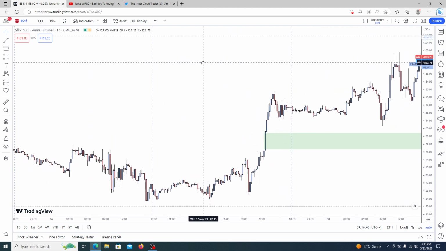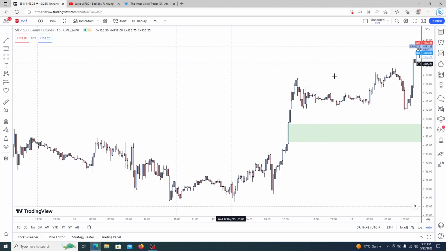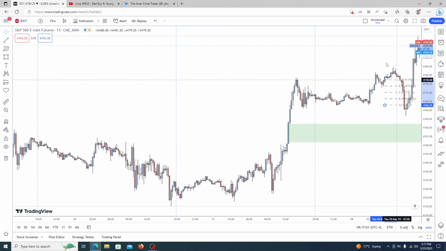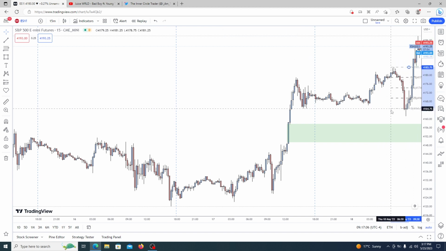Let's say you were looking at this idea and you were expecting price to continue trading lower. Let's pull the FIB on this swing. You would then expect price action.